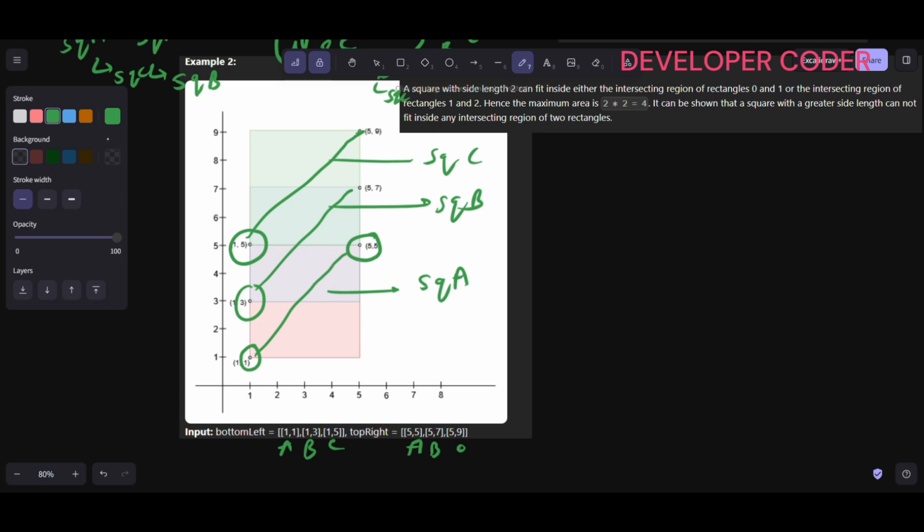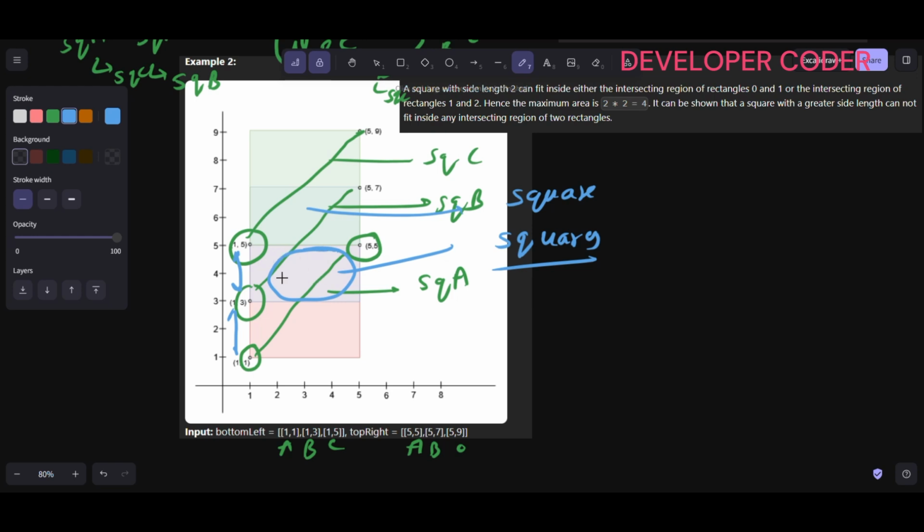So here I can fit a rectangle or a square, I can fit a square because we only need to fit squares, right? Or here I can fit some square. So what is the max length that I can fit? Here we can fit, right?